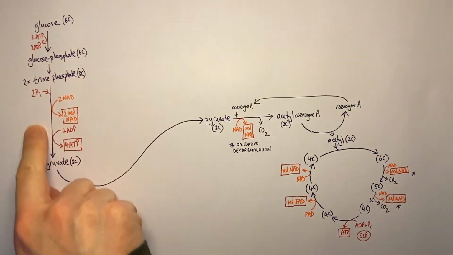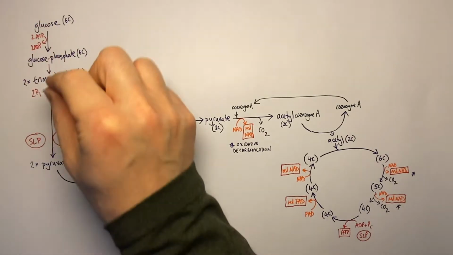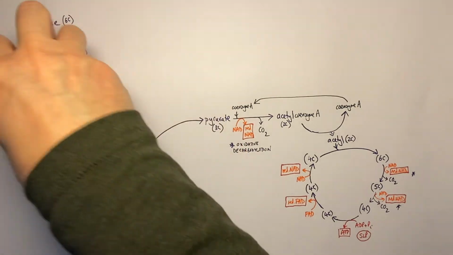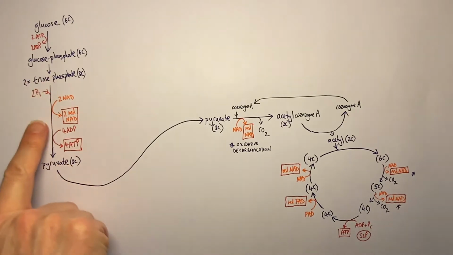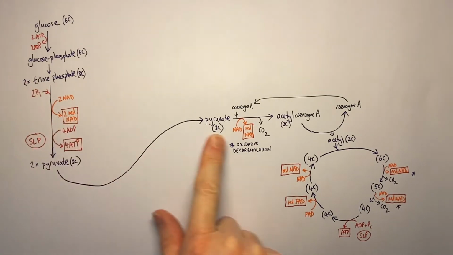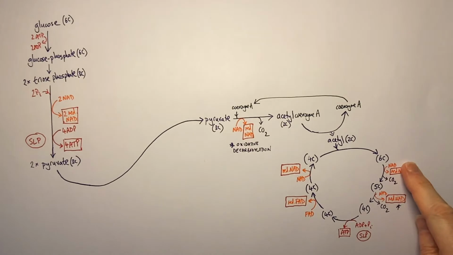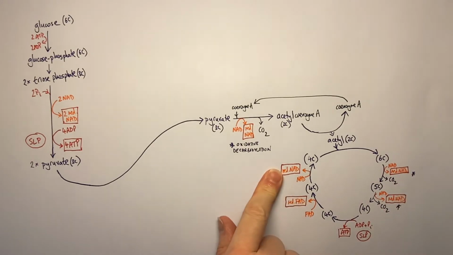And this process is basically to take away molecules that have that chemical potential energy. And in this case, those molecules will be hydrogen. So we've got hydrogen coming off here, here, here, here, and here.